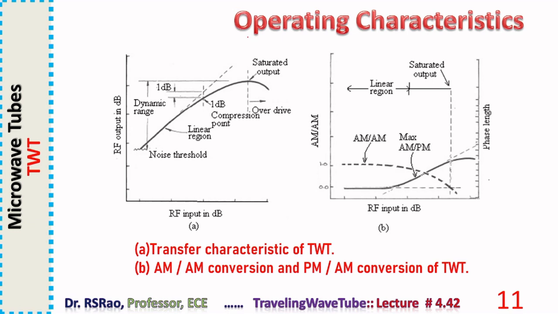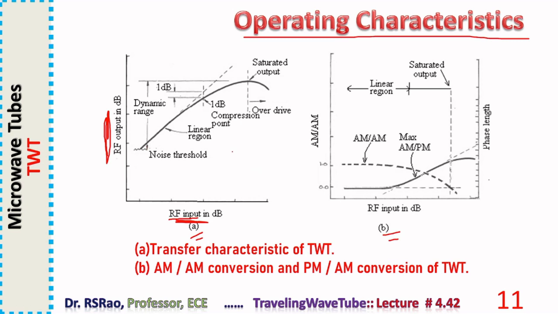Now a few points regarding operating characteristics. Here are shown two diagrams, A and B. In A, a sketch is given which describes RF input versus RF output. This is the transfer characteristic.